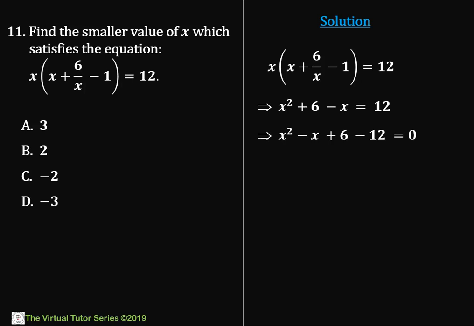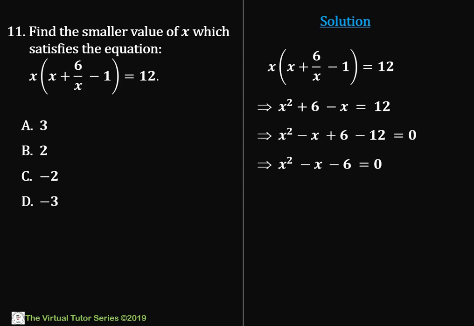We now factorize the quadratic expression on the left-hand side of the equation by finding two factors of the product of the coefficient of x squared and the constant term, which sum up to the coefficient of x. The coefficient of x squared is 1. The coefficient of x is negative 1, and the constant term is negative 6.